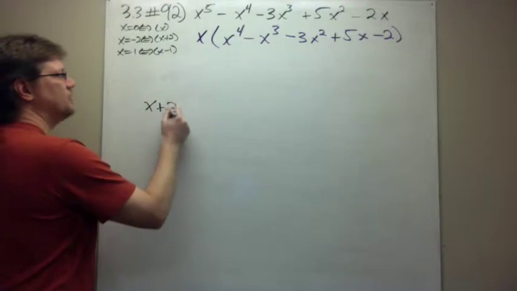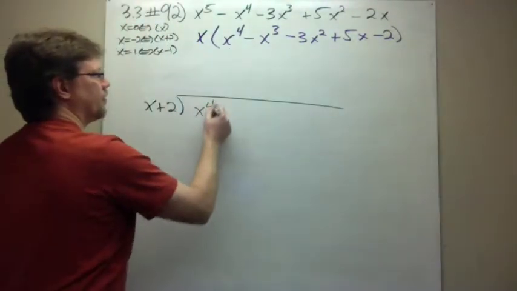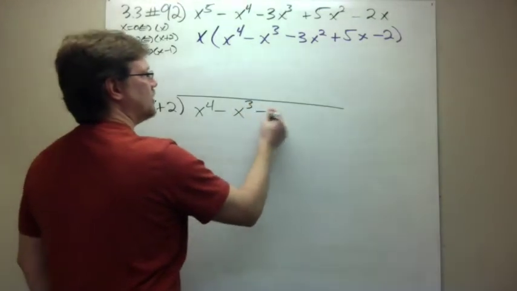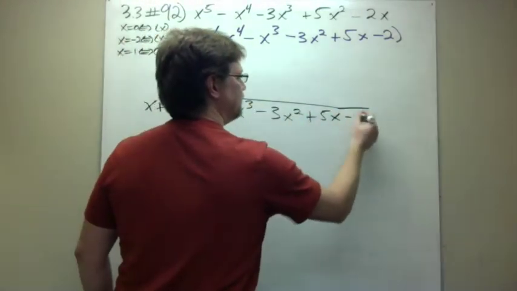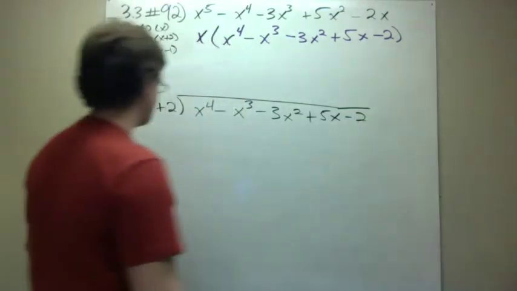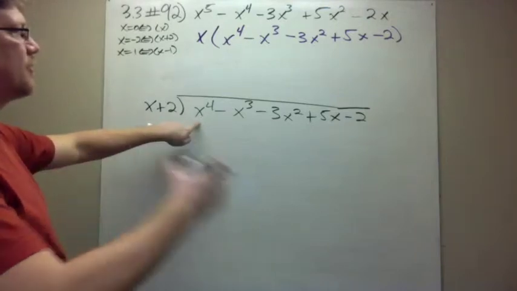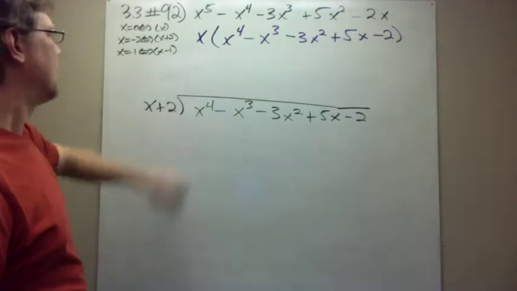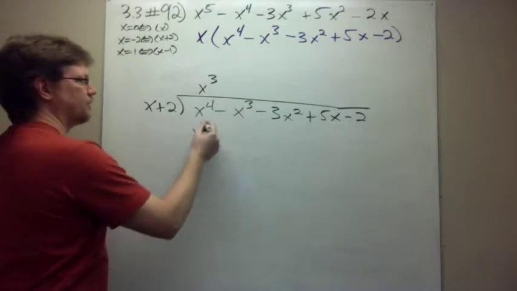X plus 2, dividing out this quartic, x to the 4th minus x cubed minus 3x squared plus 5x minus 2. What do I need to do to x to make it look like the leading term? X cubed will make the x look like x to the 4th.